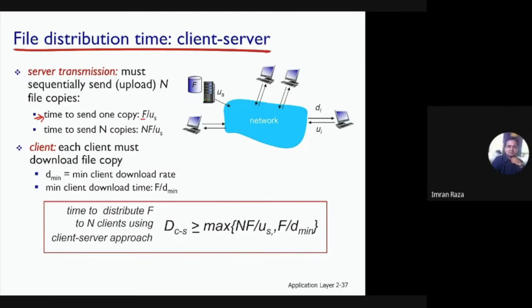We will divide the size of the file by the sending rate of the server. Remember, F is the size of the file, right? And this is the upload capacity or the sending rate of the server, right?